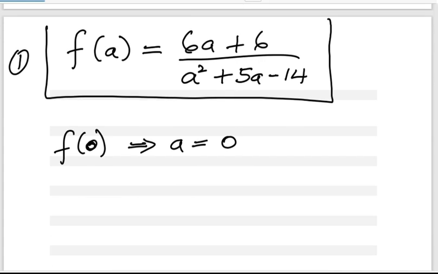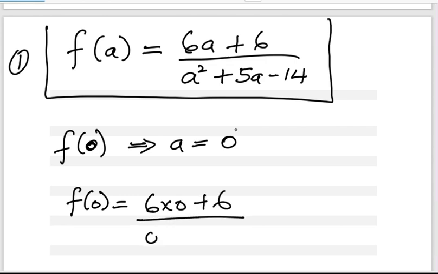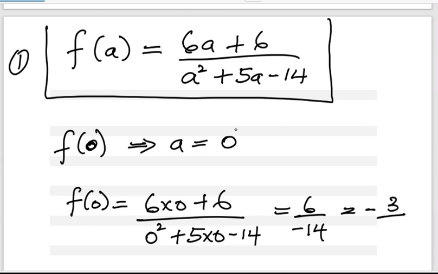So our f of 0 here is simply 6 times 0 plus 6 over 0 squared plus 5 times 0 minus 14, which is simply 6 over negative 14, which gives us negative 3 over 7, and that is our f of 0.